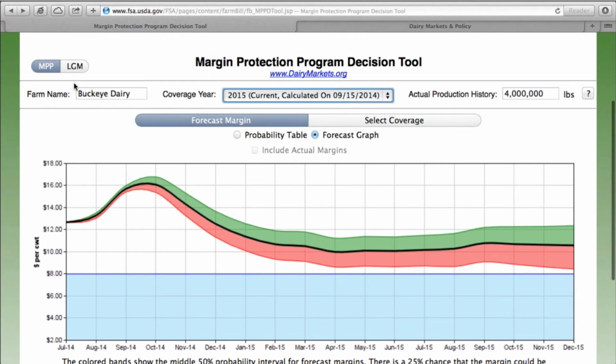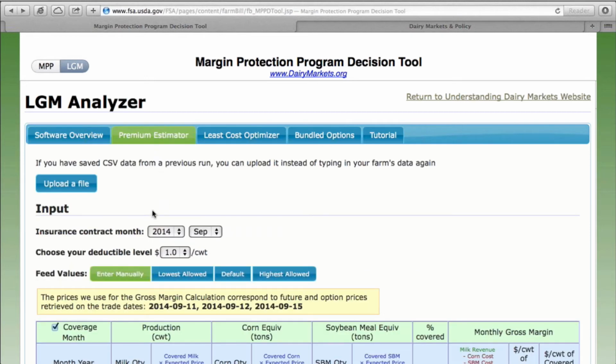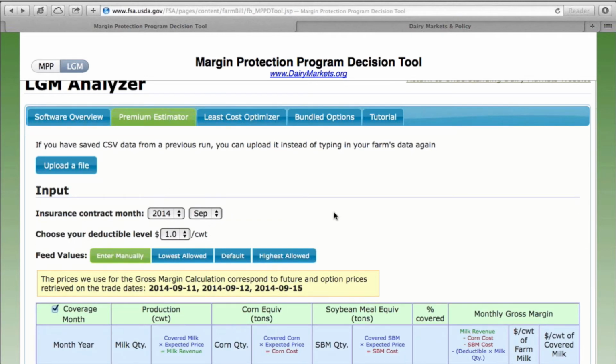So within one click, users can click the LGM Dairy tool, and they're launched right into the LGM Analyzer. You can put in specific contract parameters that you want. And again, this is updated using the futures market. And here's your trade date information.